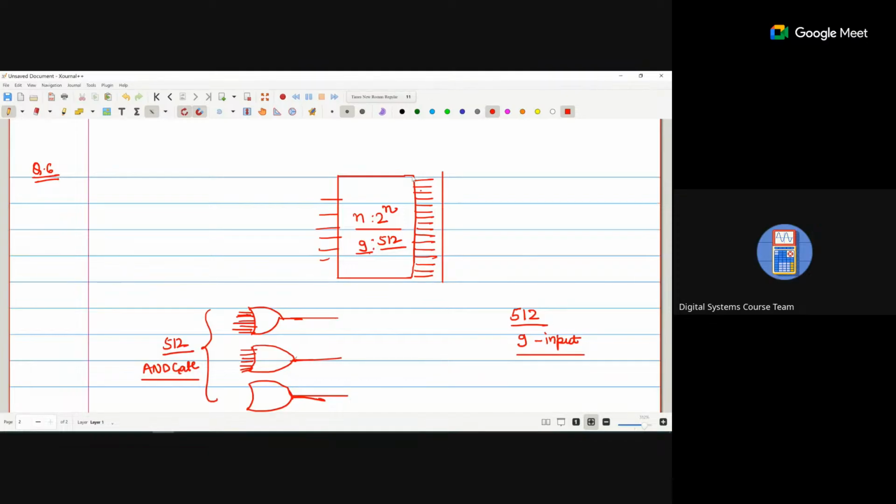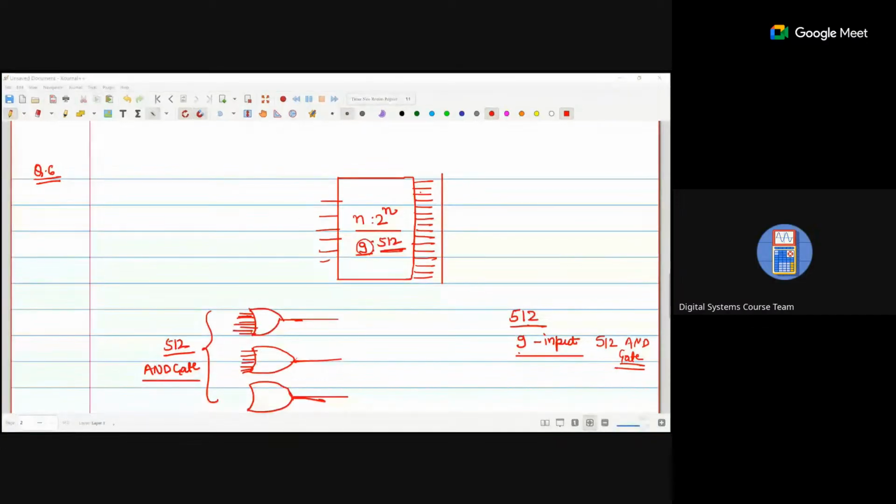That means how many AND gates are required to generate 512 outputs? 512. Clear? Yes, sir. Now you require 9 inputs because to generate 512 outputs in the decoder, you require 9 inputs. So that means 9 inputs and 512 AND gates are required. Clear? Any doubt or should I repeat it again? No, sir. Okay.